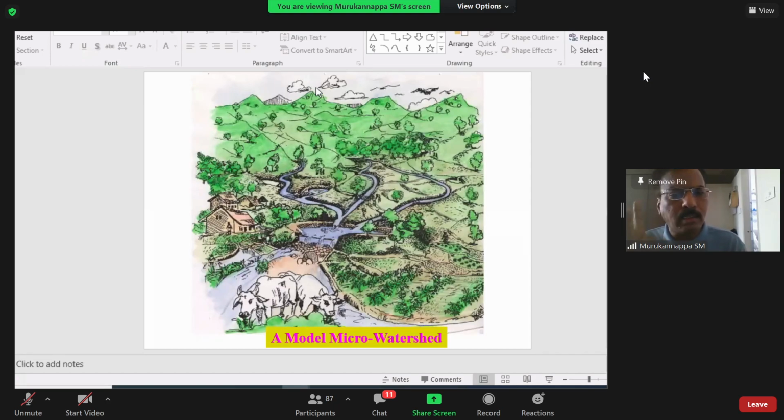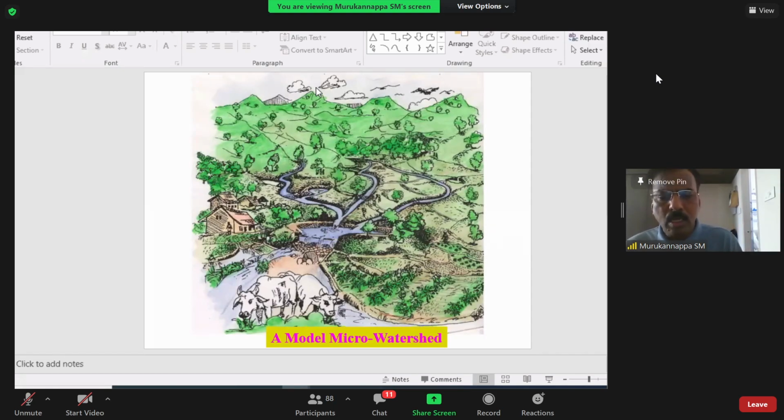You can find three categories of land in the place you have selected for conservation, the watershed. If you take a smaller area, it is a micro watershed. If you take a larger area for the conservational measures, it's a watershed.